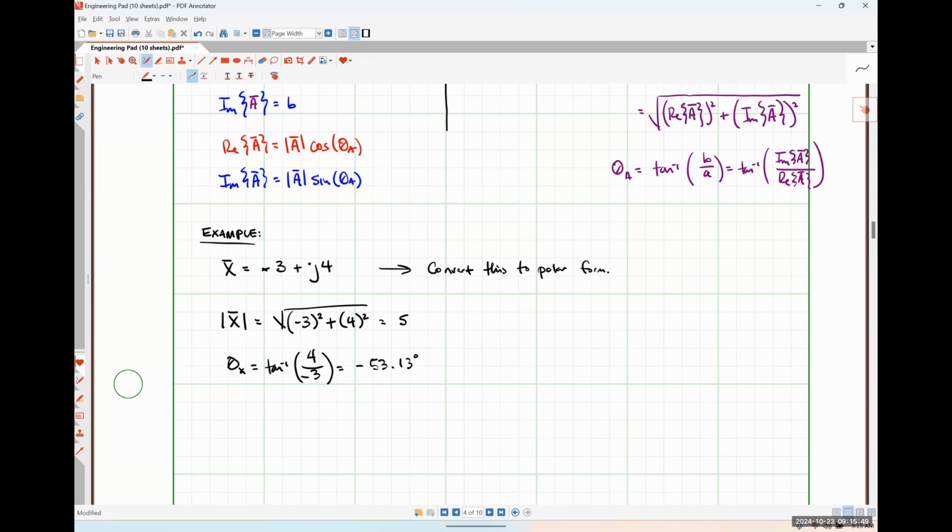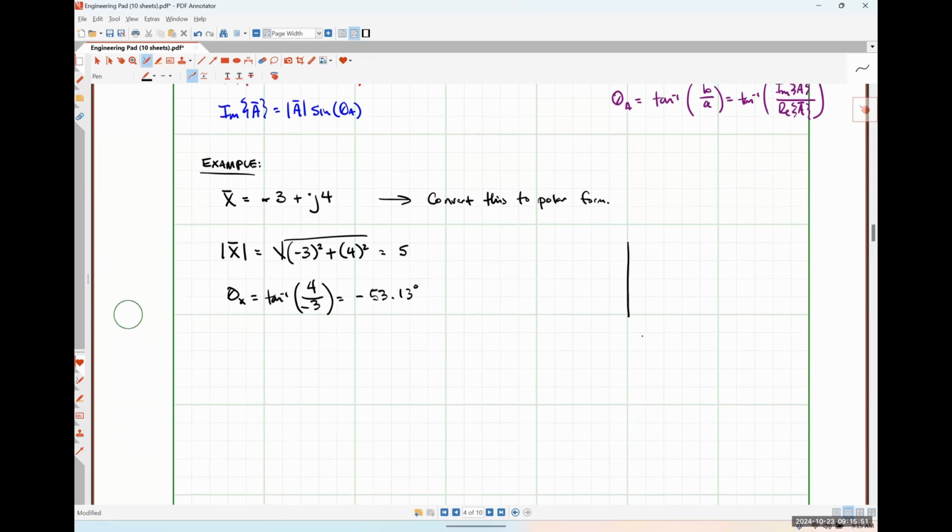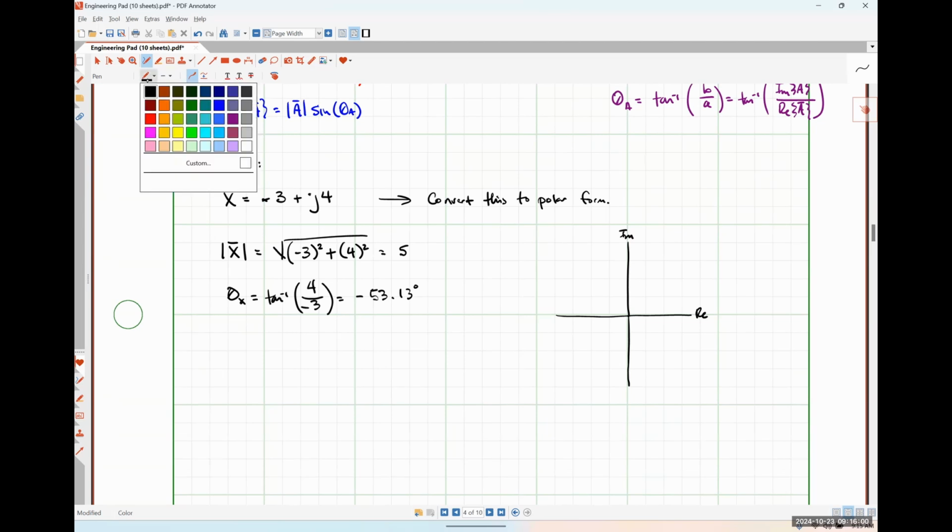So let's see. Here's my real axis. Here's my imaginary axis. So I'm going to go out -3 units in the real direction and up 4 units in the imaginary direction.